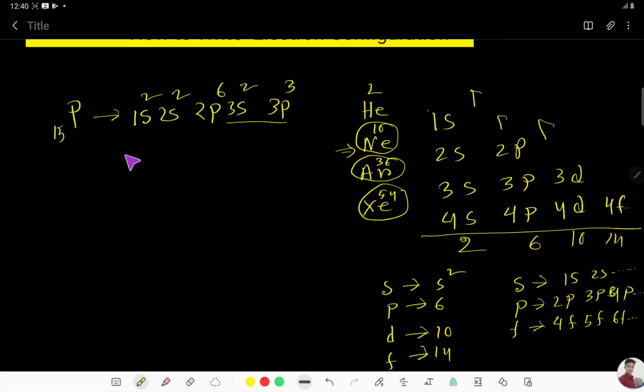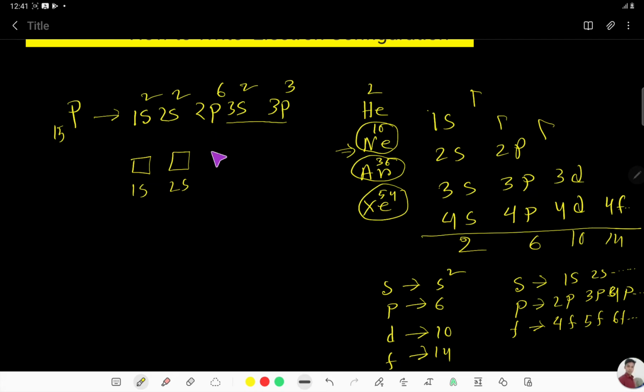So now I will show you the orbital diagram for phosphorus. You know that this is 1s. The s subshell has 1 orbital, so we will write 1 box. 2s also has 1 orbital, we will write 1 box.